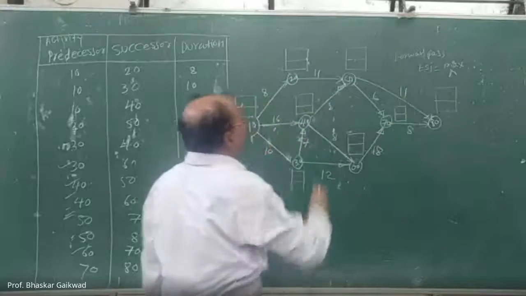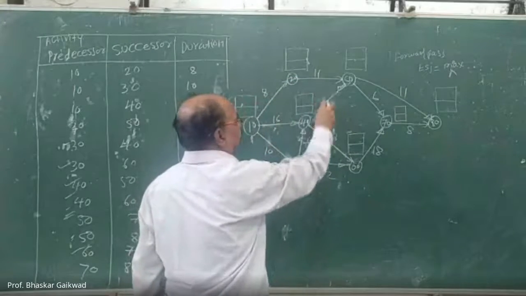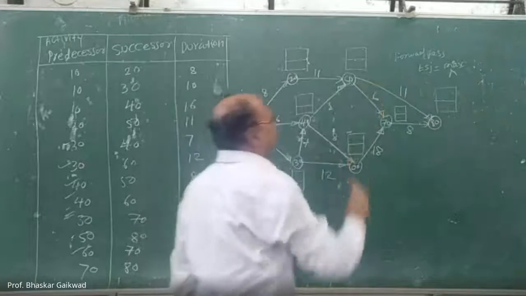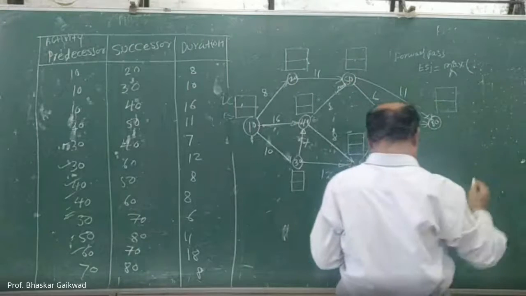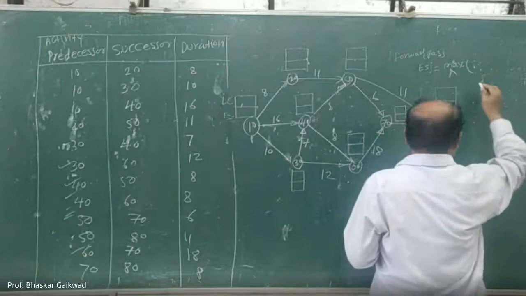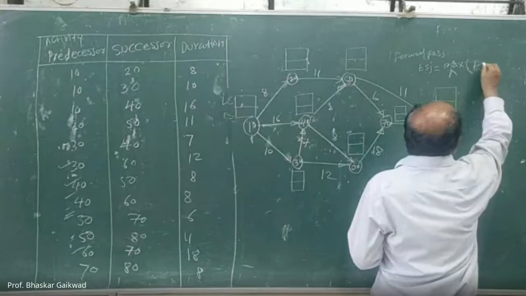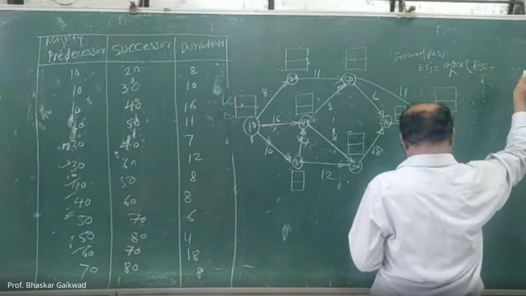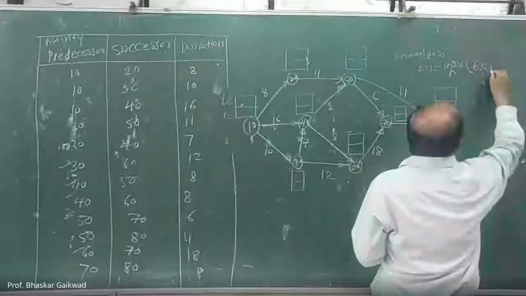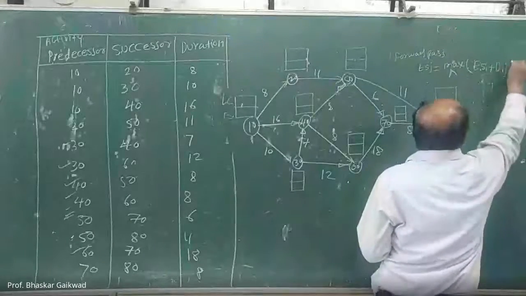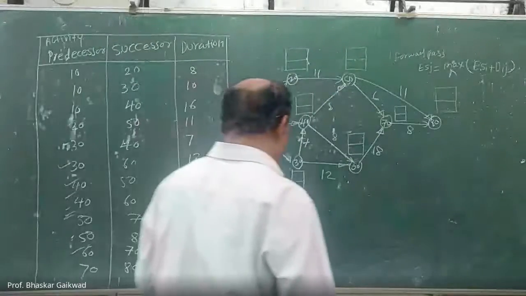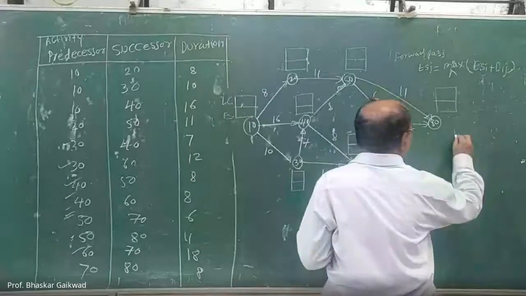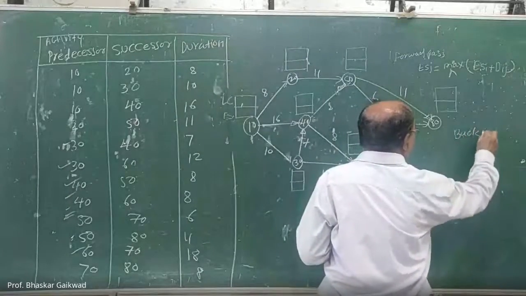Whenever two activities are there, for example this and this activity, you have to consider whichever is the maximum. So that's why the maximum is there. In brackets, the earliest start time plus the duration. D(ij) means duration.